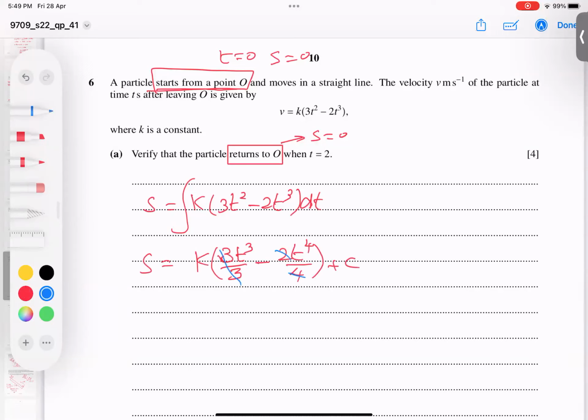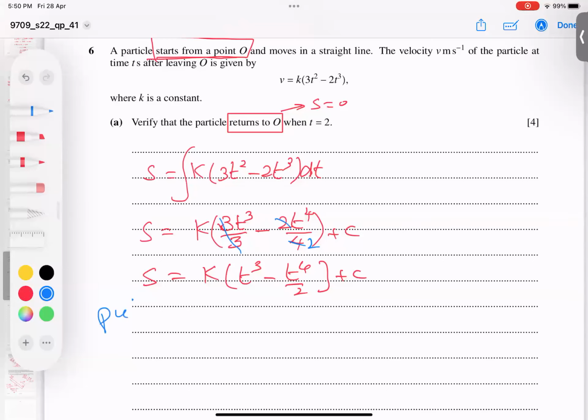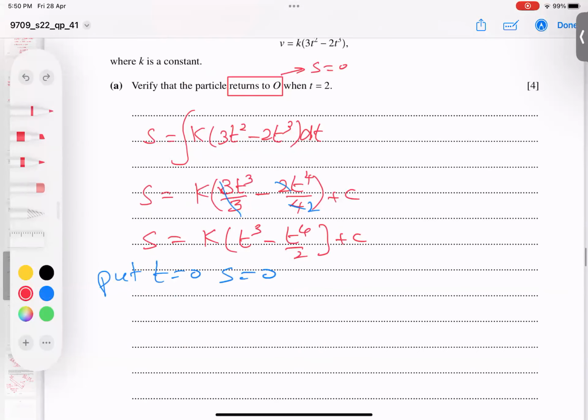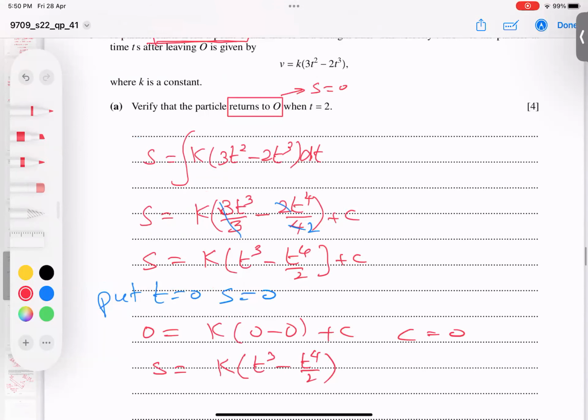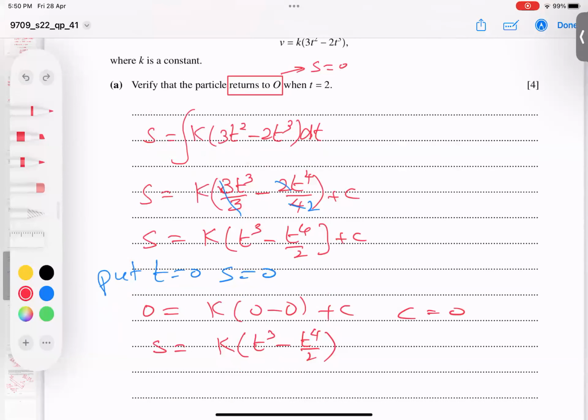These 3s cancel and these 2s cancel, so s becomes k times 2t cubed minus t to the 4 over 2. Now put time 0 and s 0, as I said on top. So I put 0 minus 0 plus c becomes 0, and I plug this c back, so displacement equals K times 2t cubed minus t to the 4 over 2.